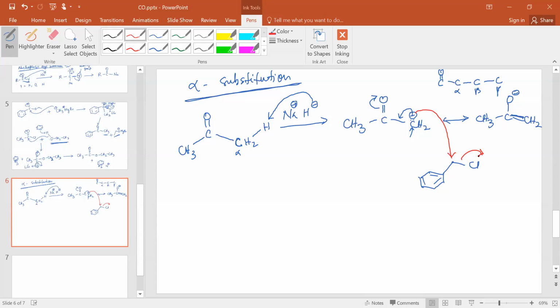You can show that from here as well: this negative charge can come here and this can go there, and in that case this will leave. So in both cases you will get the same product. Not to mention, the counter ion here will be sodium, and hydrogen gas will be released. Those are not part of the actual reaction, so don't worry about that.